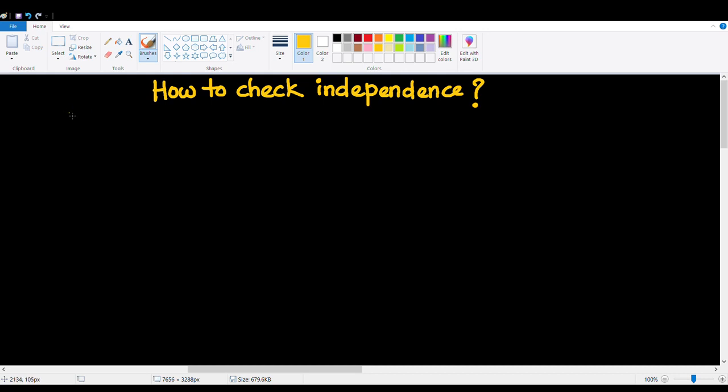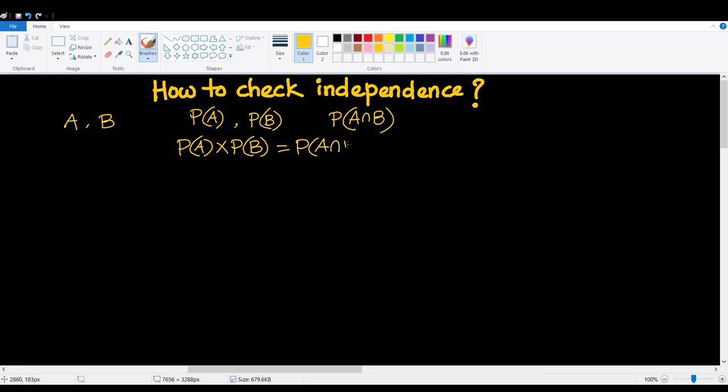First, say A is an event and B is an event, and you don't know whether these two events are independent. You have to determine P of A first, and then determine P of B, and then without the help of our formula, you have to manually calculate the probability of A intersection B. Then you check whether P of A times P of B equals P of A intersection B is true or not.